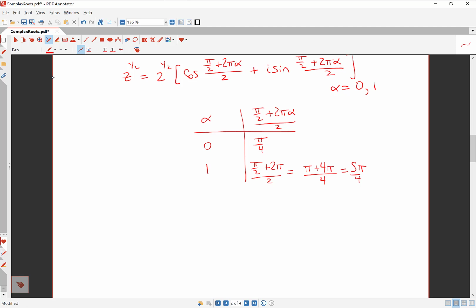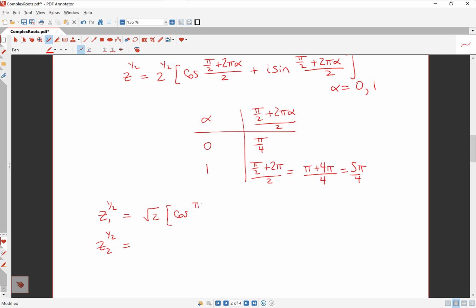So now we're ready to write down our 2 different square roots. So let's call these z to the 1/2, one with subscript 1, one with subscript 2, and let's figure them out. So we're just plugging into the formula that we've got at the top of the screen there. 2 to the 1/2 we could write as root 2, and then let's plug in the simplified angle.